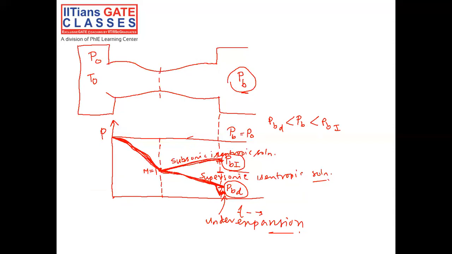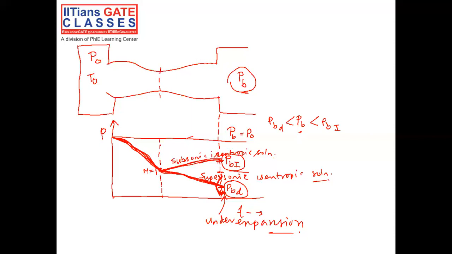And in the divergent part, it will become like this, but just near the exit plane. If this back pressure is just slightly more than this PBD, the design pressure, then near the exit plane the flow will experience a certain pressure jump, right?